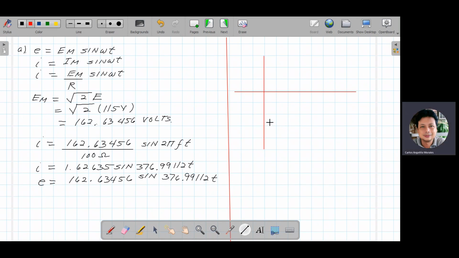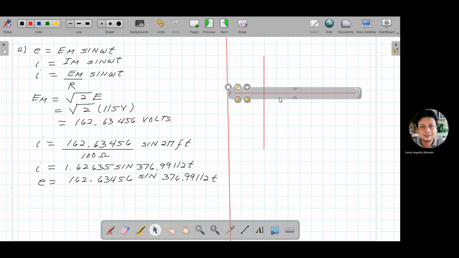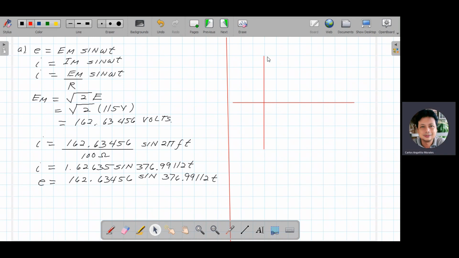Number two, 1, 2, 3, 4, 5, 6, 7, 8. So dapat nasa gitna. 1, 2, 3, 4 sa baba. 1, 2, 3, 4. Okay. So yung vector niya ay ito, no?